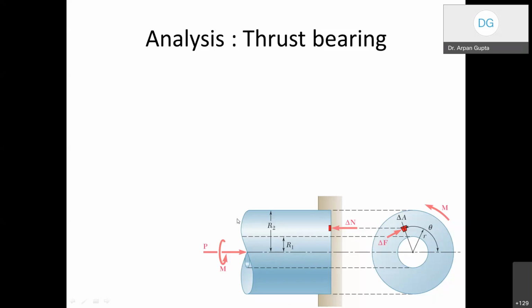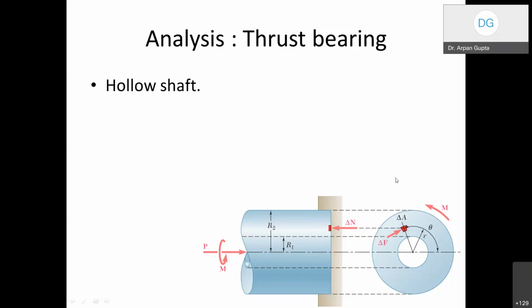So we want to calculate the externally applied moment M, so that this object is in equilibrium. Now, if we see the cross-section area of this surface, which is in contact with the ground, there is a friction force that is going to act on this surface.